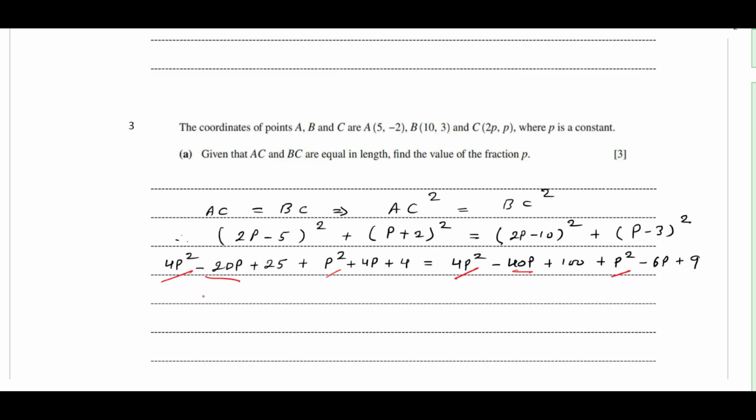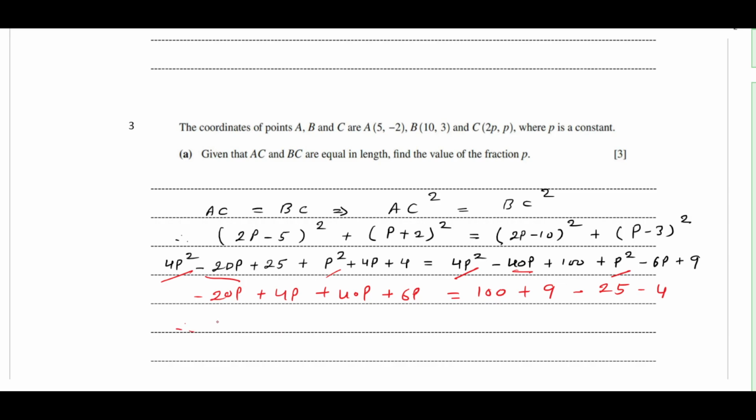So I will bring all the p terms to one side. It is minus 20p plus 4p plus 40p plus 6p is equal to all the numbers on the other side: 100 plus 9 minus 25 minus 4.